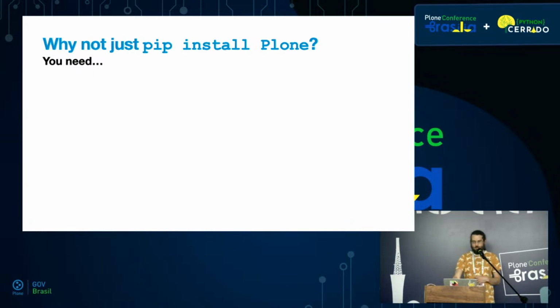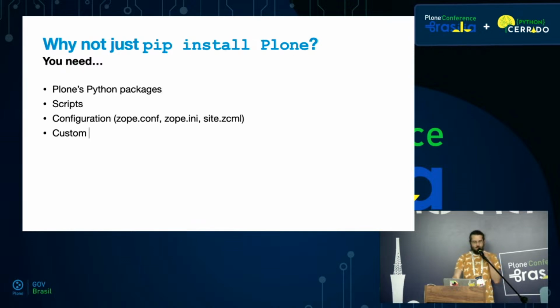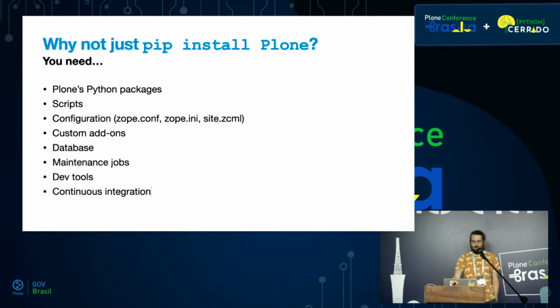But you install Plone with pip, and you get Plone's Python packages, but you also need scripts and configuration, custom add-ons, database, maintenance jobs, dev tools, continuous integration, DevOps. So if you just start with pip, you might spend quite some time getting things the way you want. Maybe that's the way you want to go if you want things to be a very particular way, or if you're just used to doing things a certain way, that's fine.